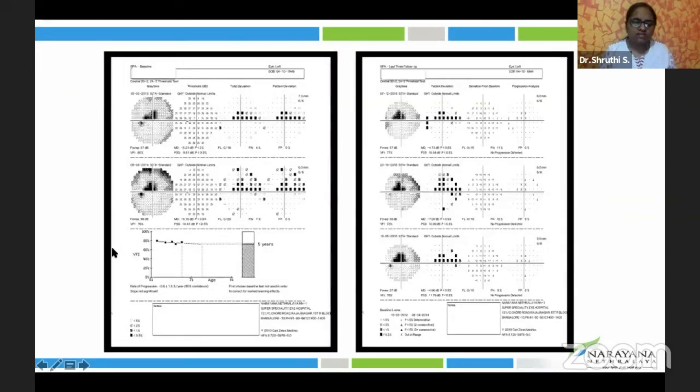Same way, if we remove the 2007, there is hardly any progression. Rate of progression is 0.6 decibels. So selecting the baseline plays an important role in determining the rate of progression. There is no progression detected once the baseline is changed.